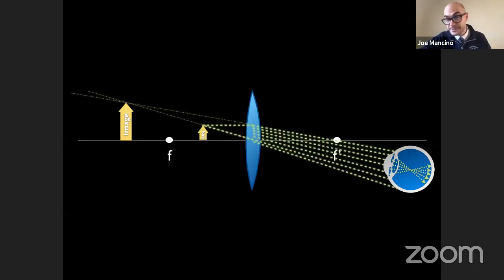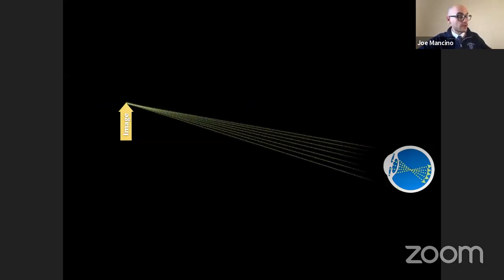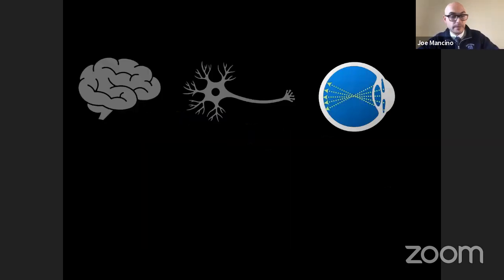That image that's focused on the back of your eye depends on your perception of how light travels. If you're receiving those rays, your brain says, I know where those came from. They came from over there. So there's the biology of the sensation in your eye, passes through your optic nerve, and you process it.